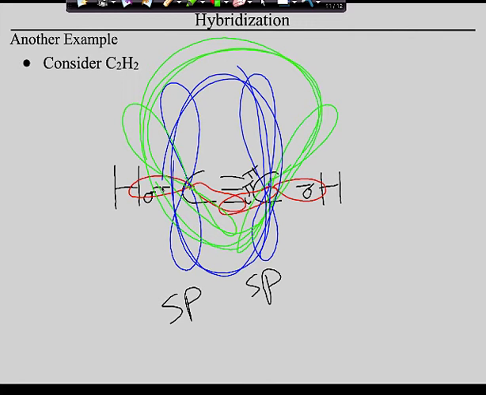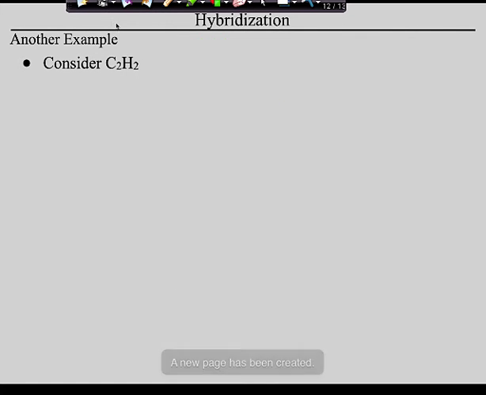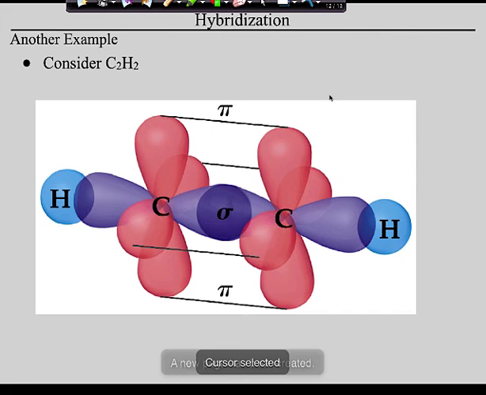You get the idea, but maybe this makes that a little more clear. But again, you've got the sigma bond here. You've got one pi bond that is above and below the axis, and then the other pi bond, which is 90 degrees to that. You get the idea?